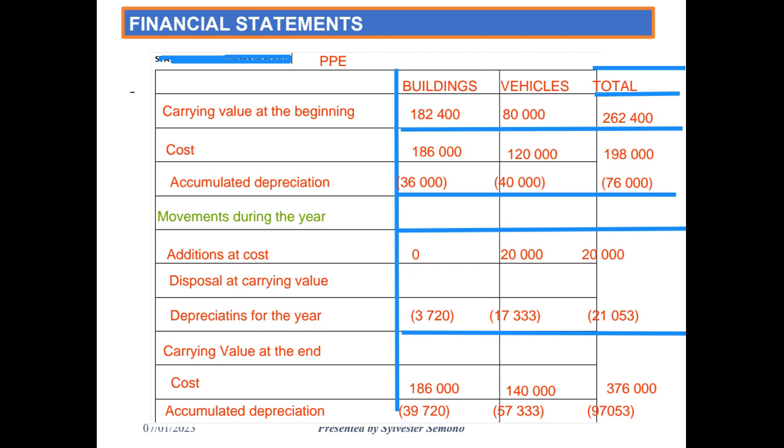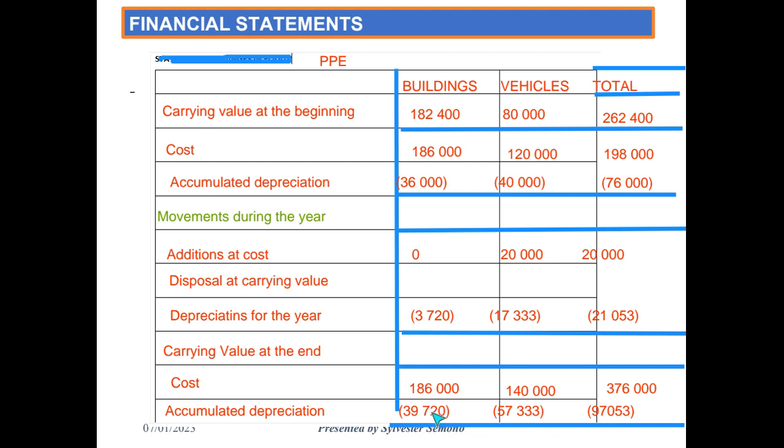Now we find the carrying value at the end, the same way as we did from the beginning. We take the cost and minus accumulated.